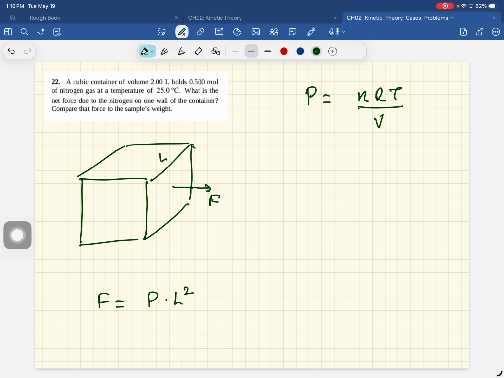Pascals is Newton per meter square. This is 1 atmosphere. So the pressure in the tires is 3 atmospheres. That's the absolute pressure.